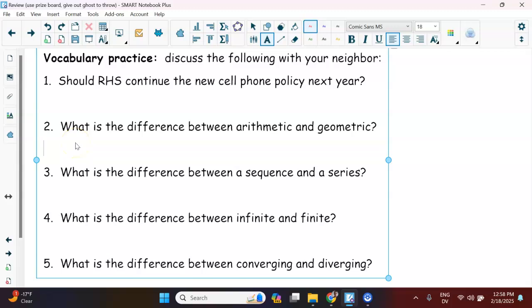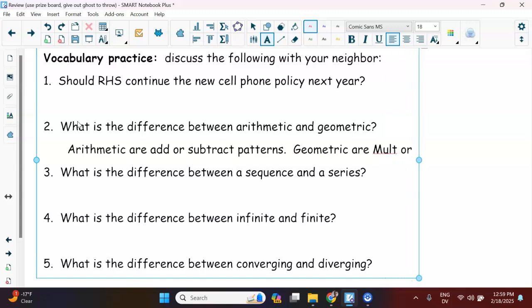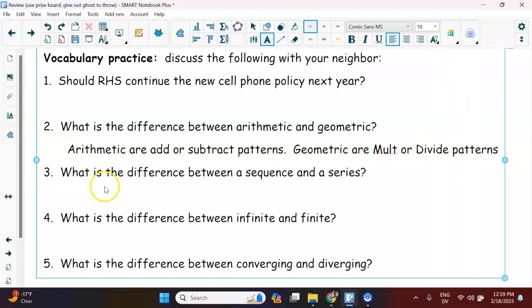Okay, so there's roughly two categories of sequences and series here: arithmetic are add or subtract patterns, and geometric are multiply or divide patterns. So that's our first definition.